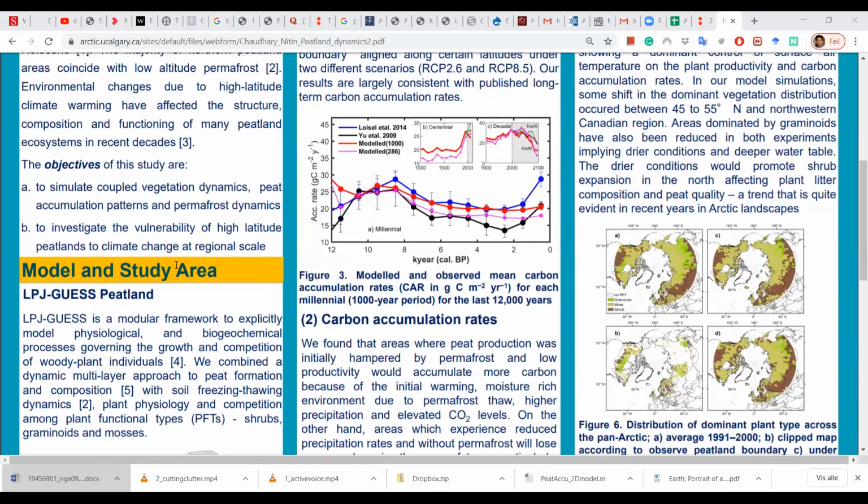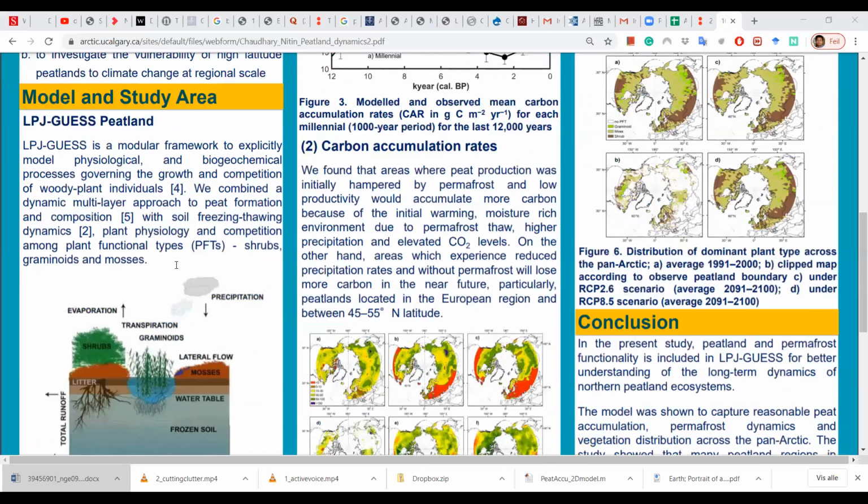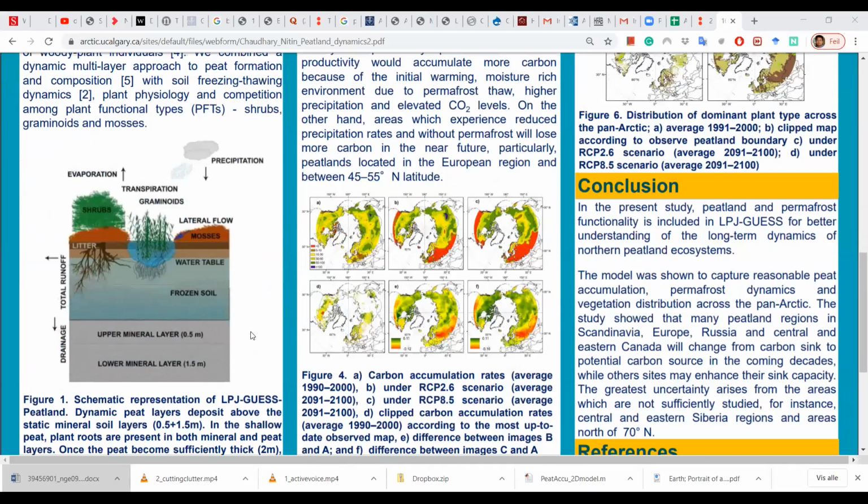So we have this kind of modular structure where we accumulate peat over the mineral soil, in the form of layers. There are multiple layers of peat, and we run this model for multiple patches.